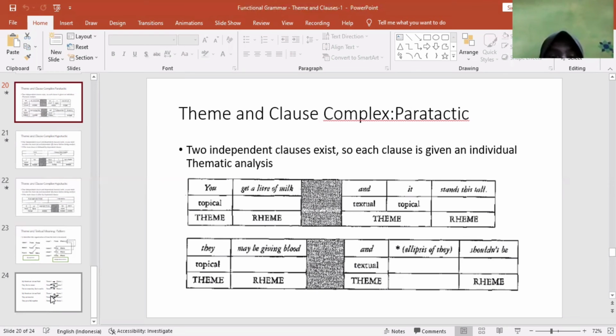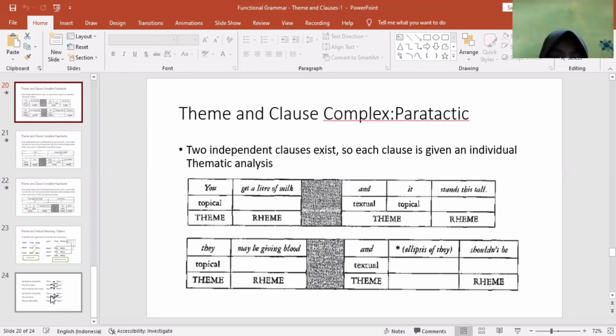For example: "You get a little of milk." "You" is topical theme, and "get a little of milk" is Rheme. "And" is textual theme, "it" is topical theme, and "stand this tall" is Rheme.